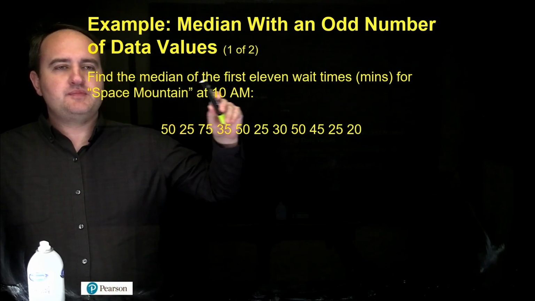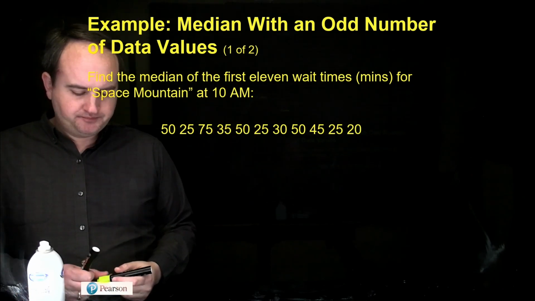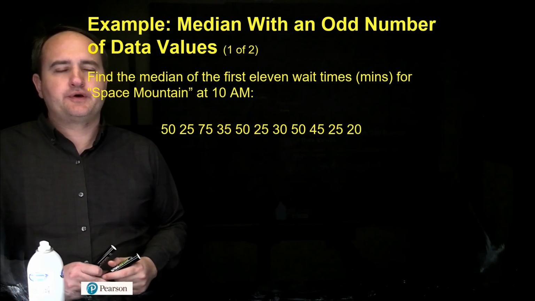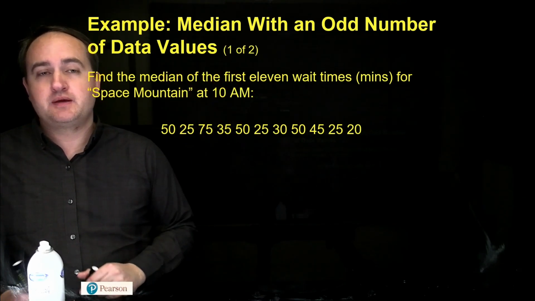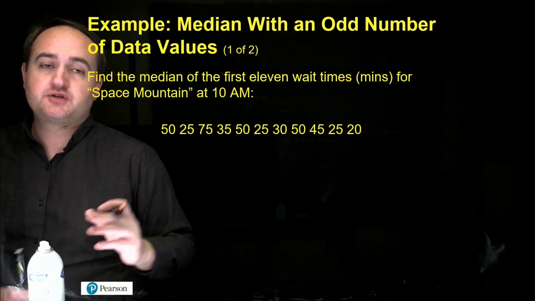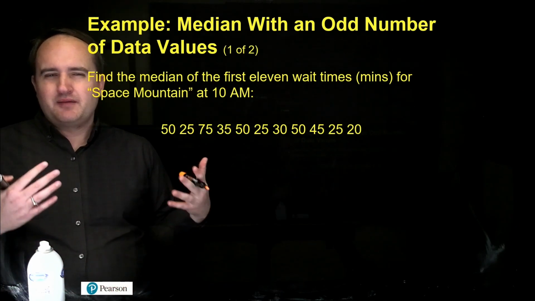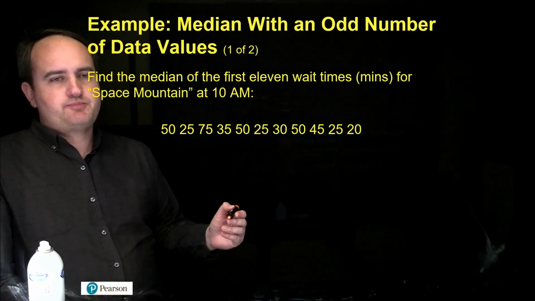So here we want to find the median of the first 11 wait times for Space Mountain. Okay. So with the median, you do have to put the numbers in order. So your first step is to just arrange them in order. And again, most people put them in increasing order. That's just pretty standard.